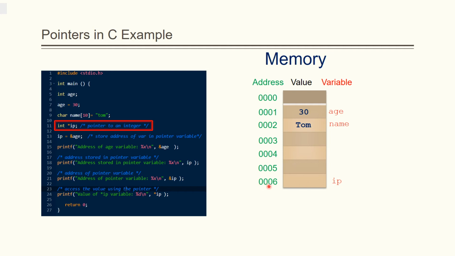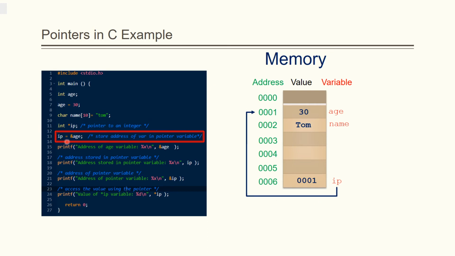Let's suppose it is 0006, and currently the value of this integer pointer is null. But please remember that pointers always store addresses, so we need to assign some address from here to this integer pointer, which we are going to do in the next step.